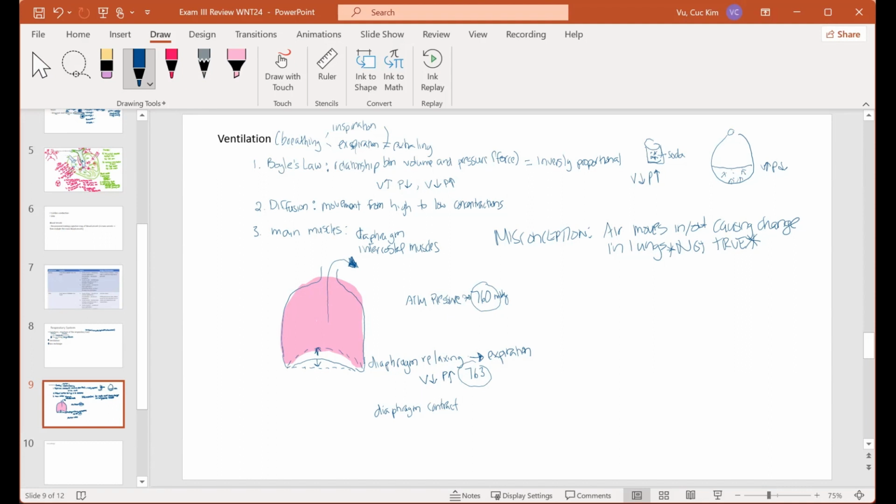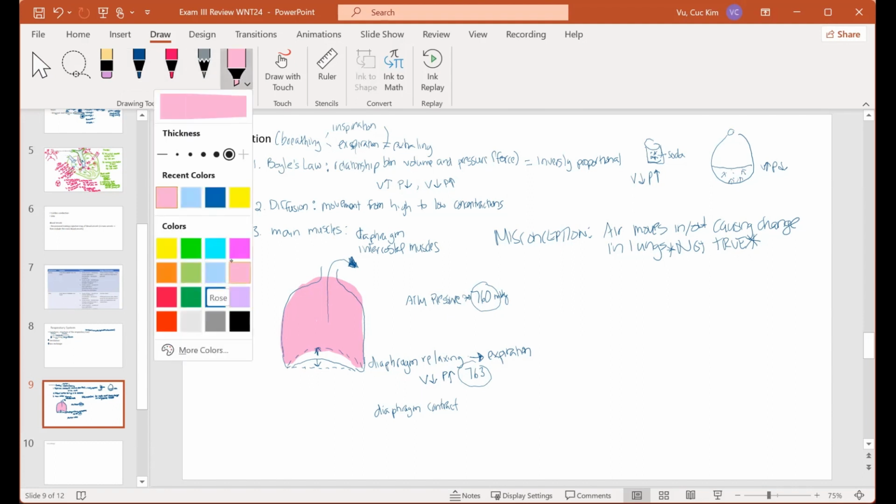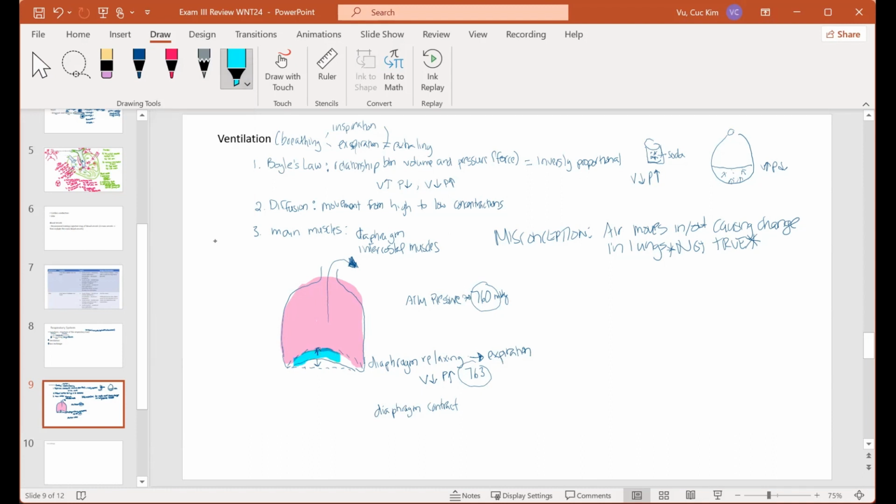And when it does that, now the volume changes, and the volume is going to include this whole area. Okay. So the volume now increased. And if the volume increases, what happens to the pressure inside the lungs?